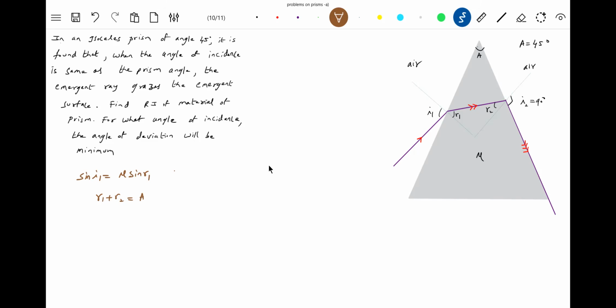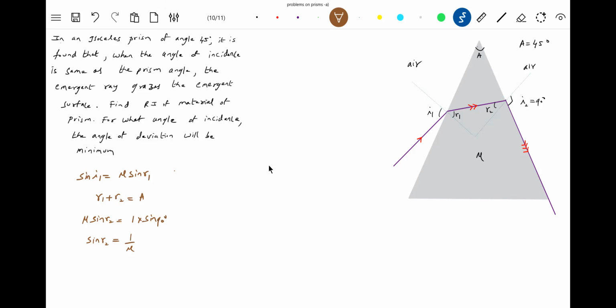R1 plus R2 equal to A. Then sin R2: at the other surface, at this point, mu sin R2 should be sine of 90 degrees. So therefore we'll get the value like this.